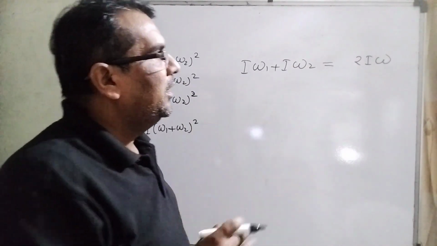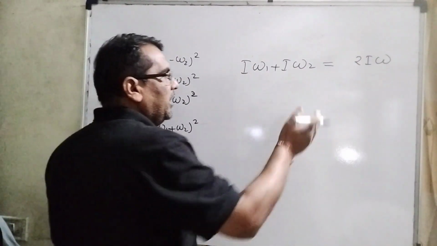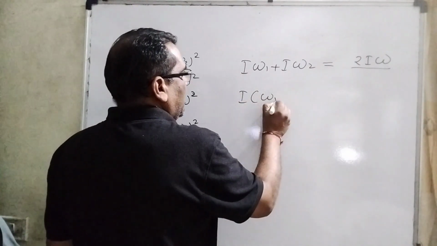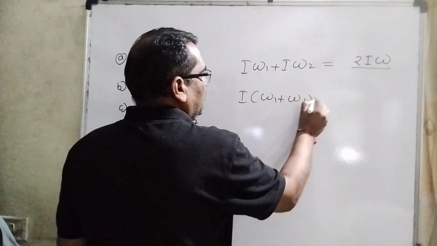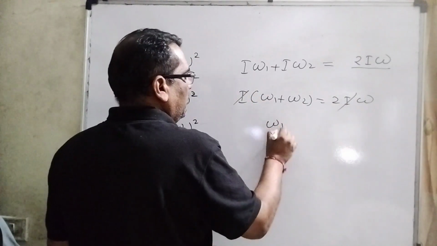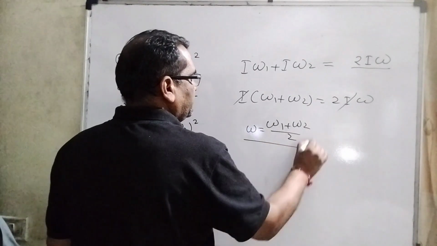So here I and omega are both the same, so it becomes 2I omega. Taking I common, I into omega 1 plus omega 2 equals 2I omega. I cancels, then omega 1 plus omega 2 upon 2 can be written as omega.